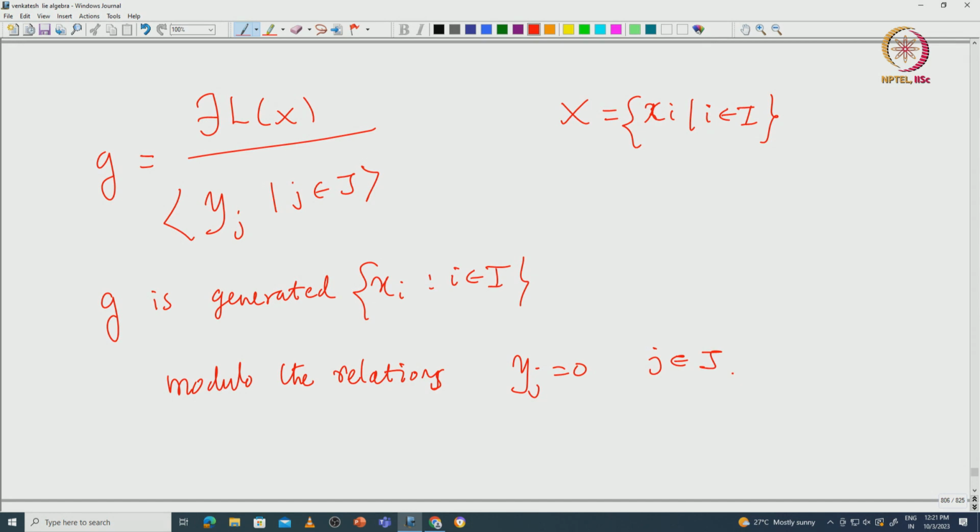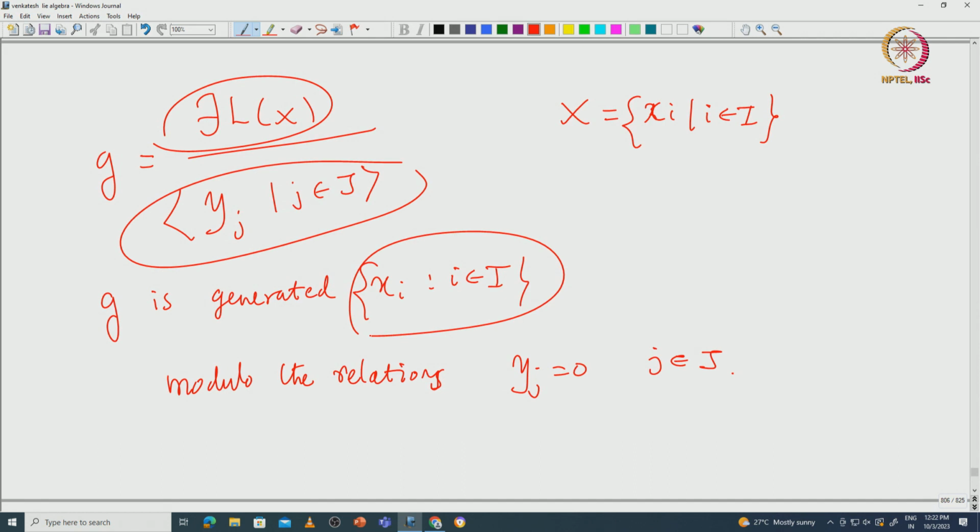Okay. So, this is exactly like in the group case, where you have the free object on the top and then modulo some relations. Then if G is isomorphic to this, you say G is generated by these x_i's modulo these relations. Okay.